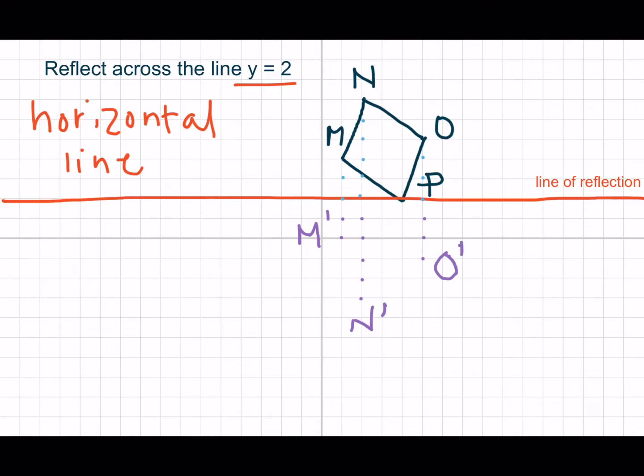And then lastly, if you notice, the point P is actually on your line of reflection. So since it's on the line of reflection, it actually does not change. Stays where it is. Connect your 4 points. And you will have your figure reflected across the line y equals 2.